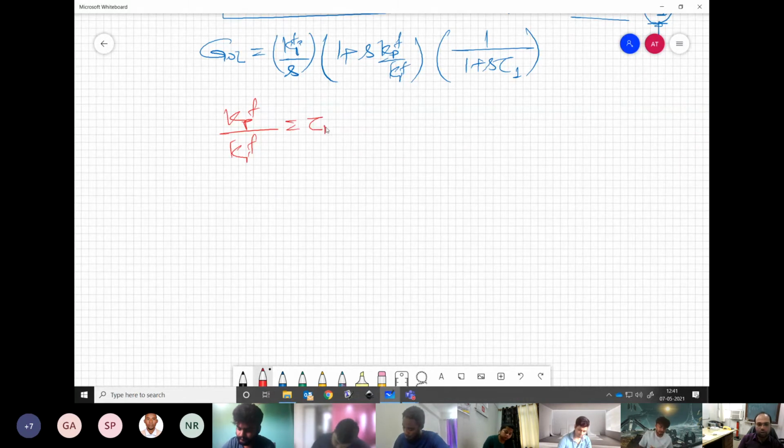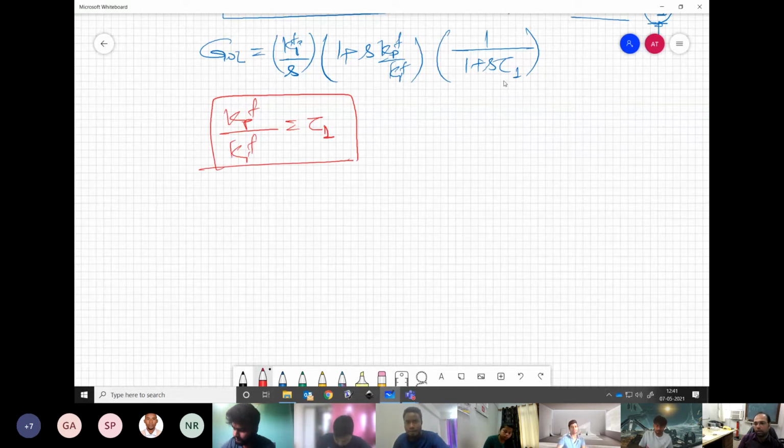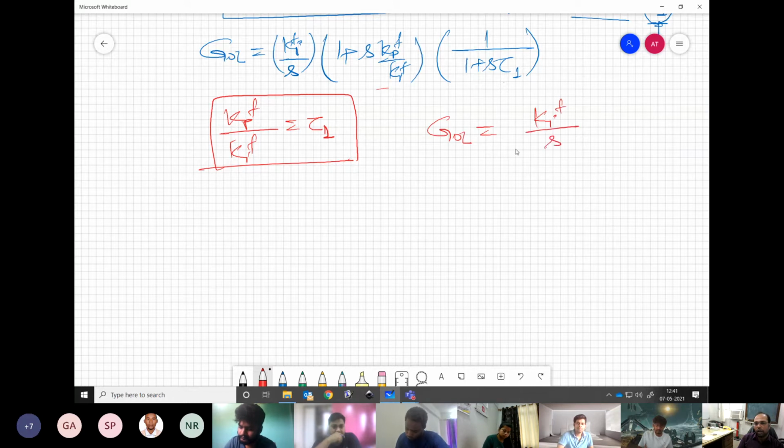We equate these two terms. The coefficients of S are equated. So that is how we have cancelled this lower pole with this zero. And now our open loop transfer function is nothing but KIF by S, even simpler than what we had for current control. Understanding my point?